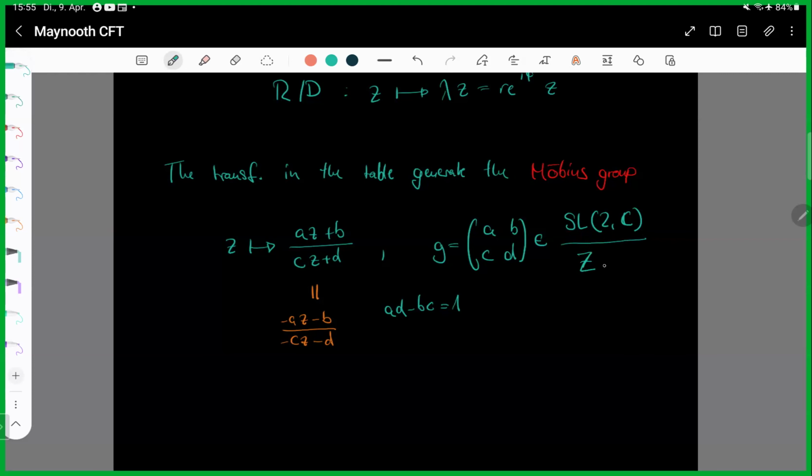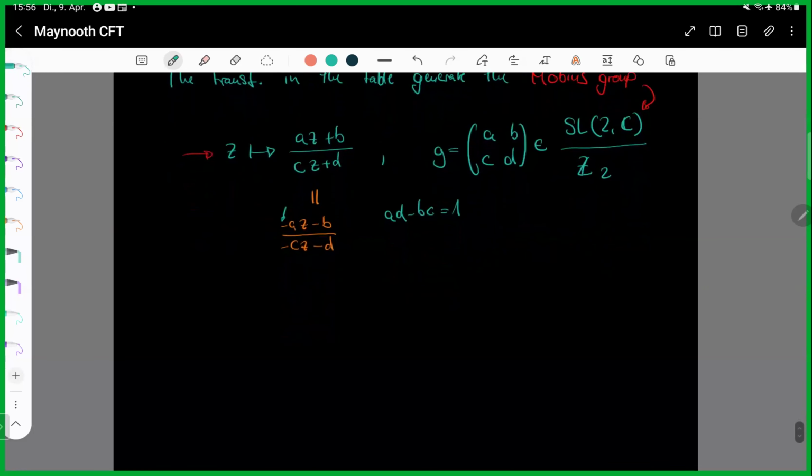So we ignore this minus sign here. That means we mod out by Z2, which implements precisely this action. This is a Z2. Well, it's not much prettier. Anyways, so this is the Möbius group, and this is how it acts on the complex coordinates.